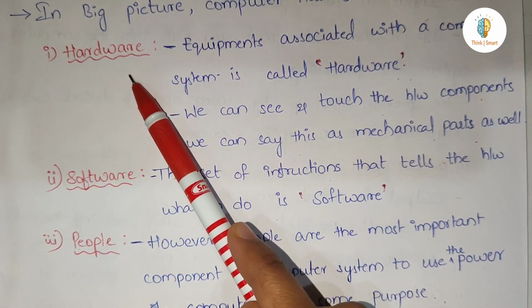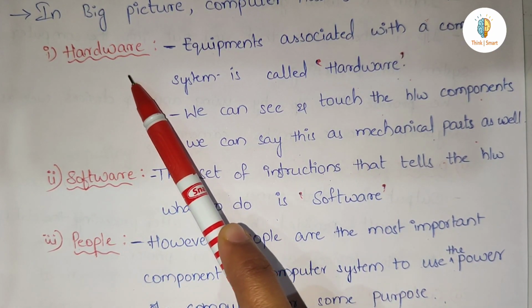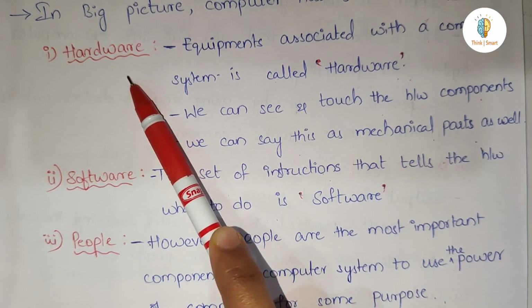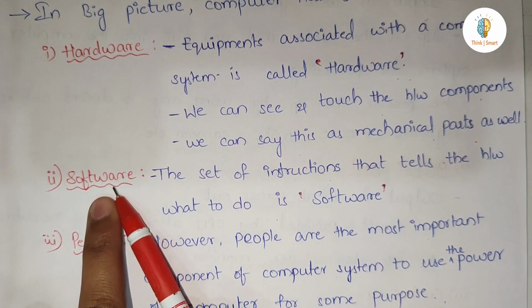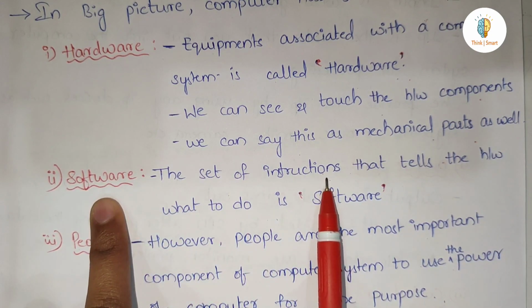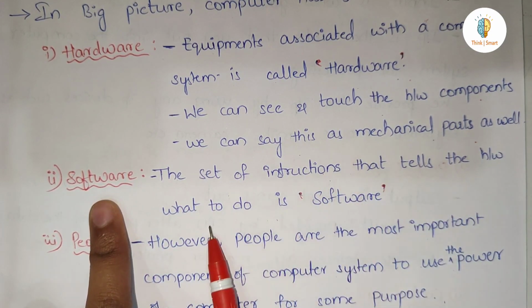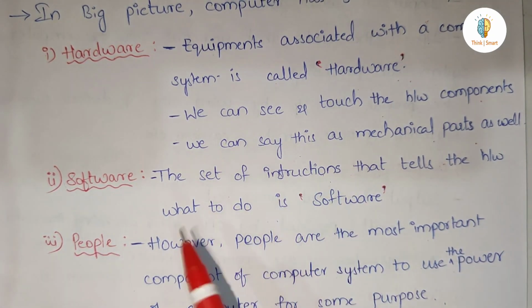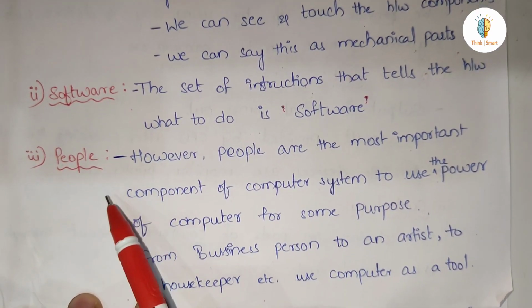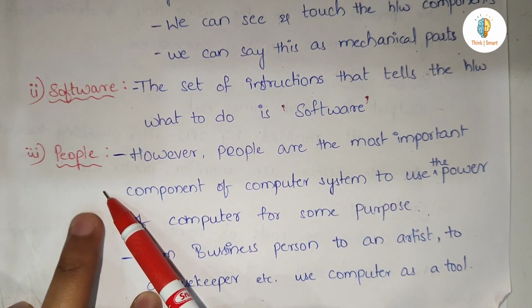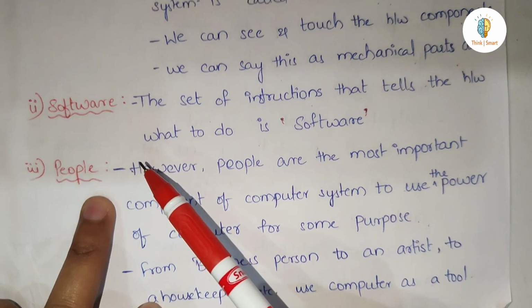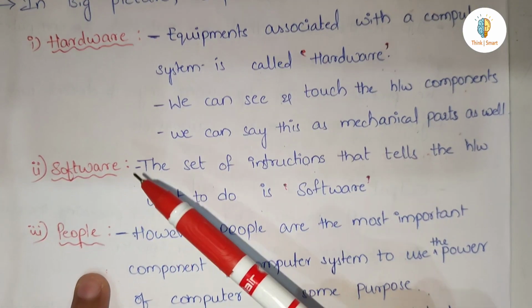Next, what is the software? We have hardware. What does the hardware do without any instructions given by the user? So here the software is used. Software is a set of instructions that tells the hardware what to do. That is called the software. How do people come into the main components of a computer in the big picture? However, we have hardware and software.